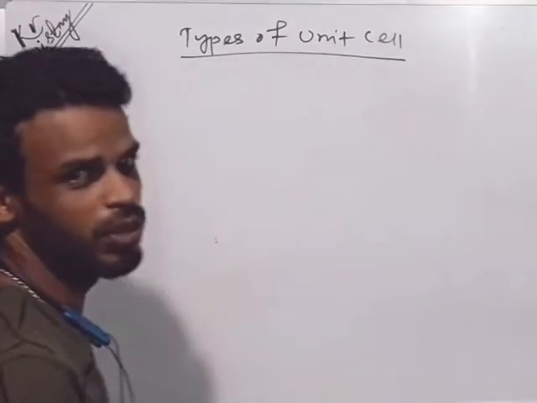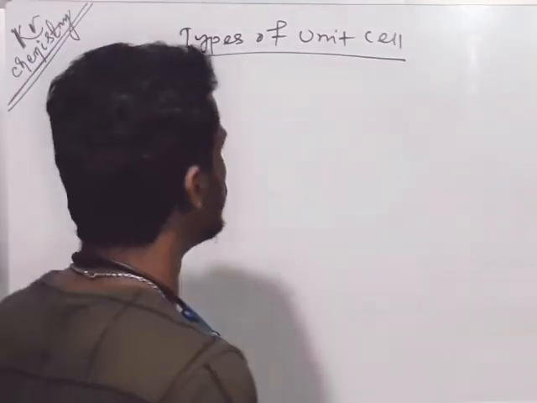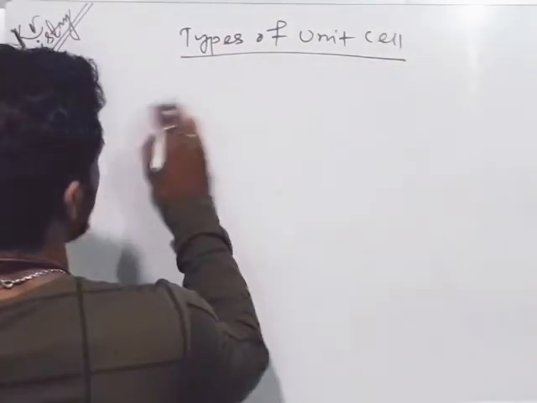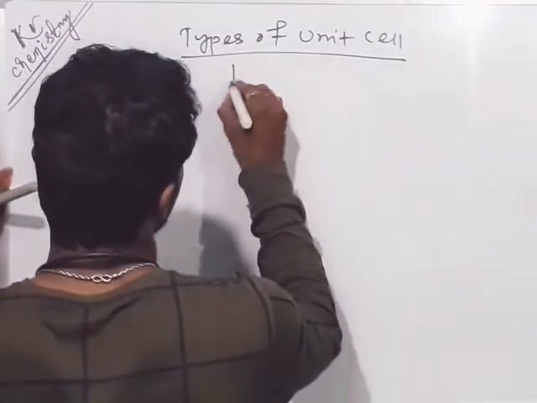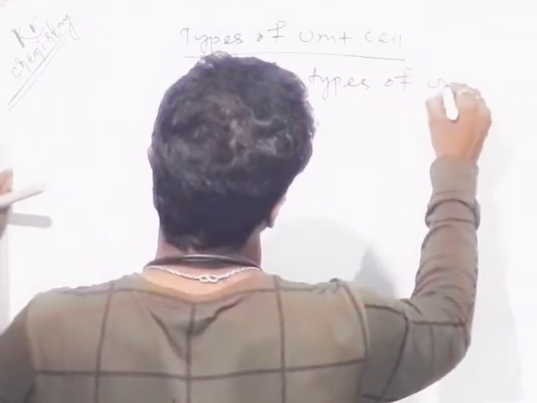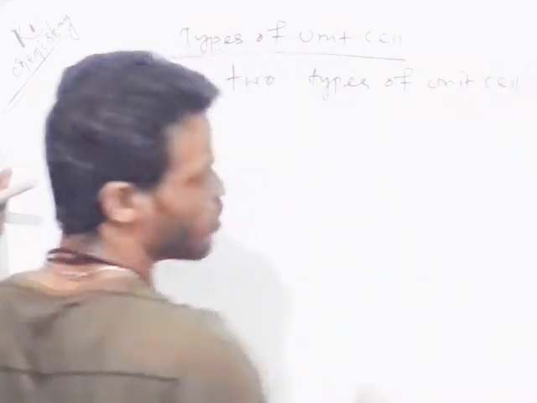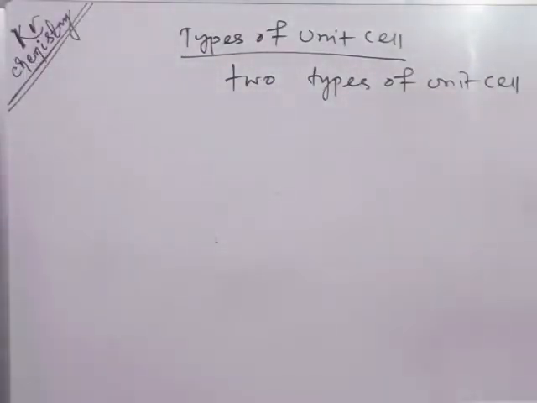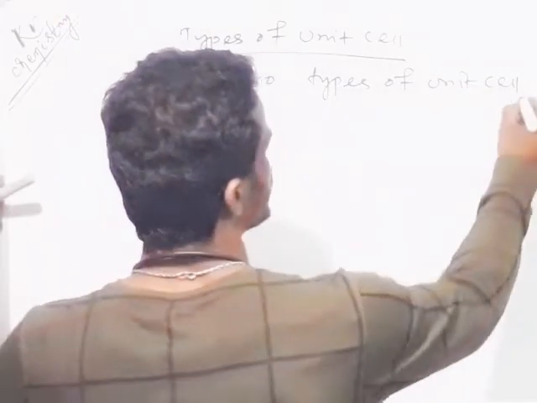Generally, we can find two types of unit cell.